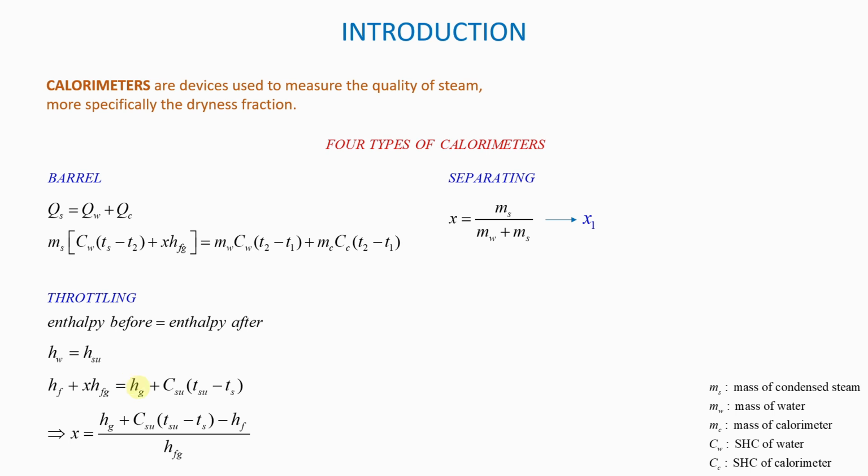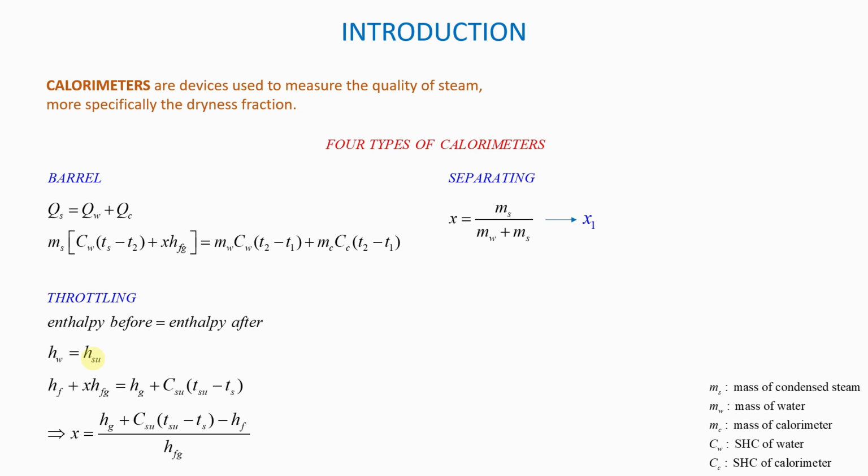Very important. And so with throttling, just remember that enthalpy before is equal to enthalpy after, and the state of the steam before throttling is wet. The state of the steam after throttling is superheated. Therefore, the enthalpy of wet steam before the throttler will be equal to the enthalpy of superheated steam after throttling, okay?